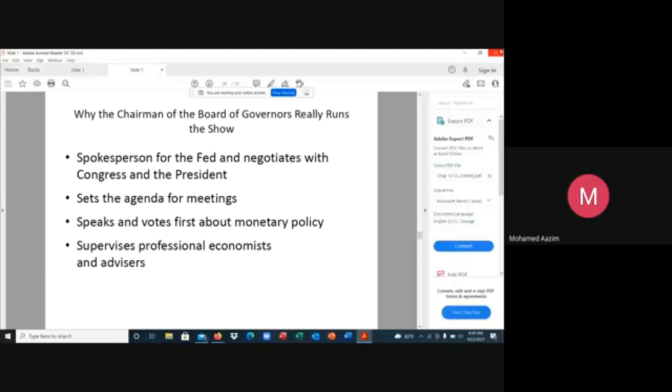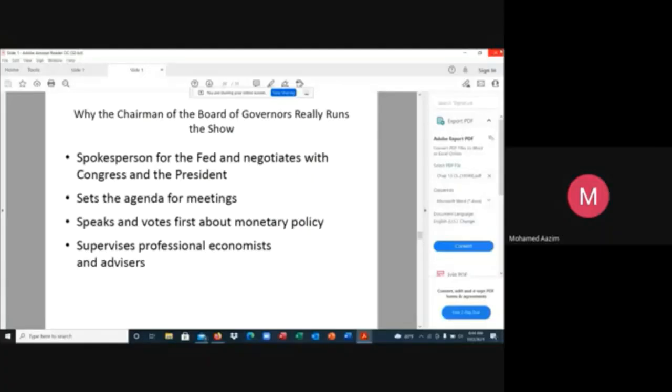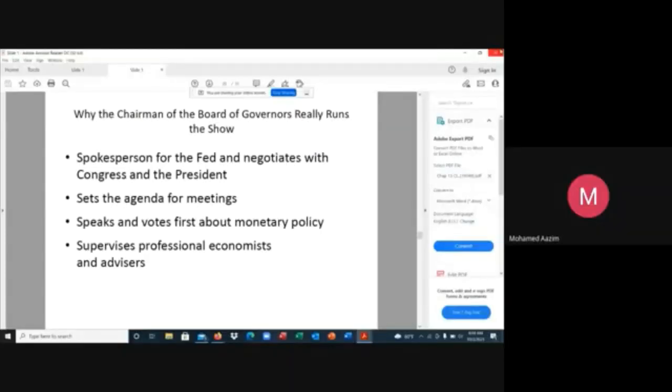They act as spokesperson for the central bank. In the case of the US, it's the Fed, and the chairman also negotiates with the president and the Congress on different policy decisions, and decides the agenda for the Board of Governors discussions.